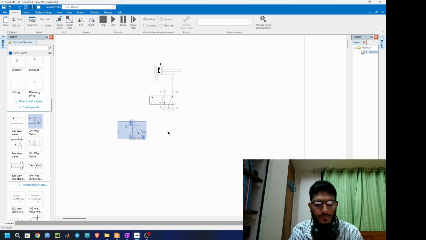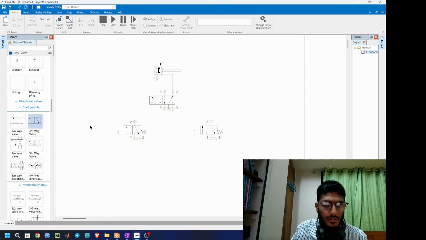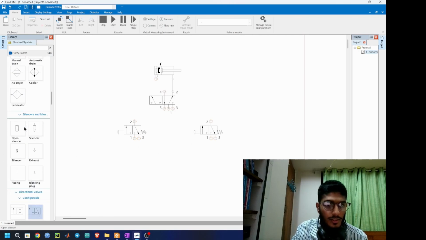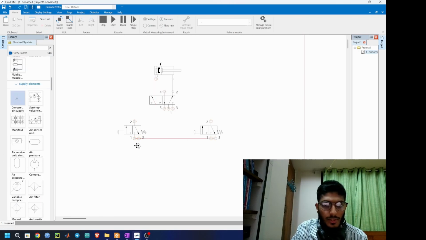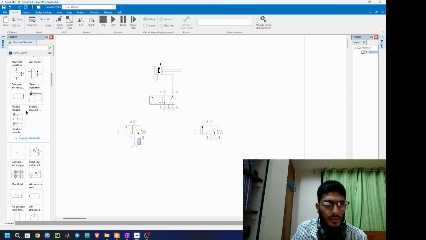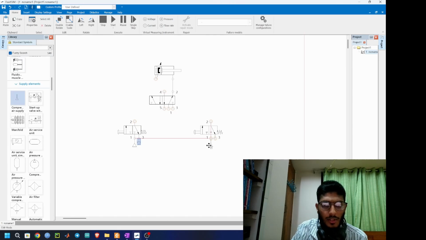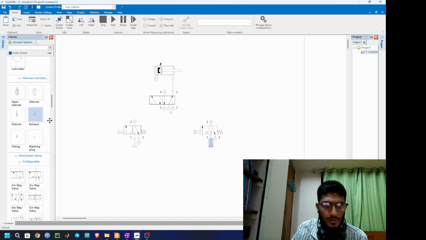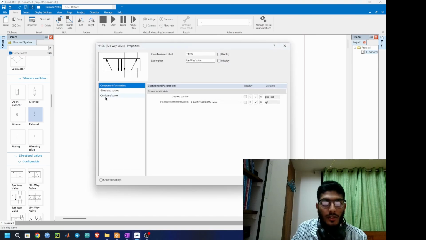Let's copy this, paste. Perfect. And I need supply and exhaust. Supply and exhaust. Here also supply and exhaust. Okay, perfect.